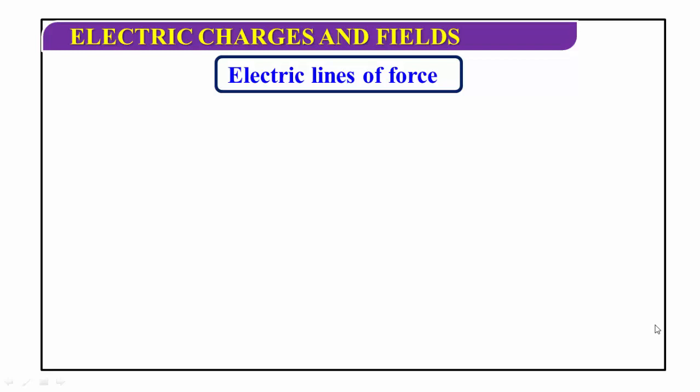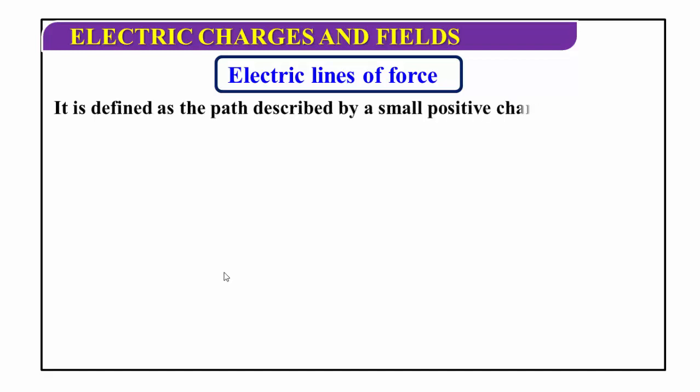In the last video class, I already discussed the concept of electric fields, lines and properties of electric field lines. But in this class, once again, I revise all the properties of electric field lines, also called electric lines of force. Electric field lines are imaginary lines or smooth curves along which a unit positive charge moves or tends to move.